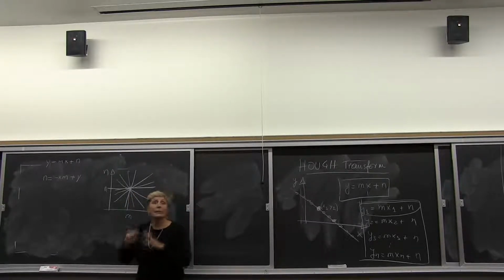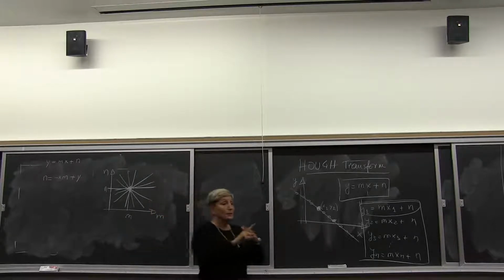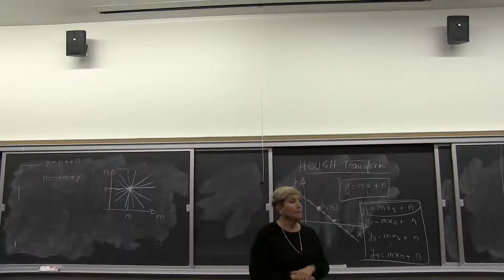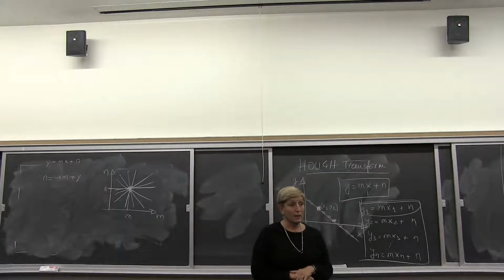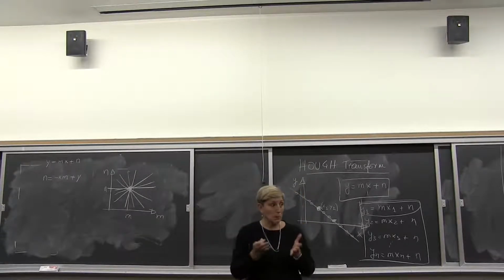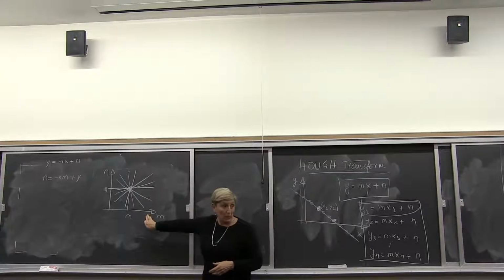Now I look at this as if it was an image. Okay? And if I see a lot of lines intersecting in one point, that means that my points in the original image were all in a line. Okay? Yes? So what I did is I jumped from my image space to my parameter space.